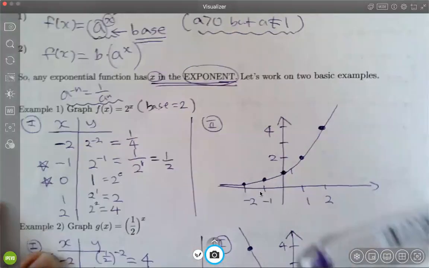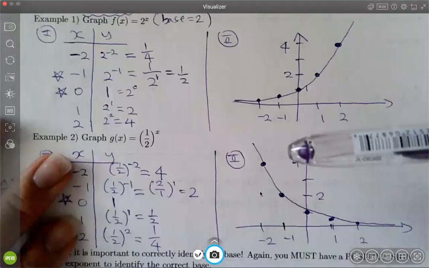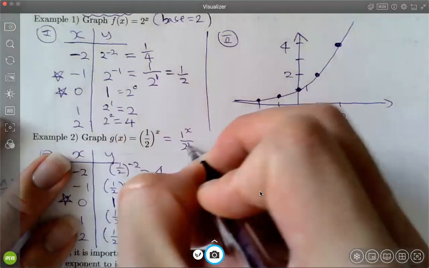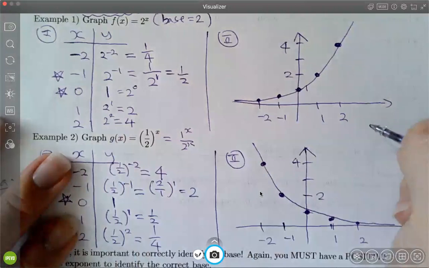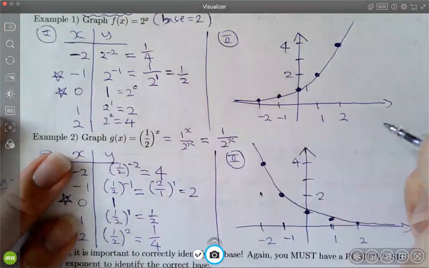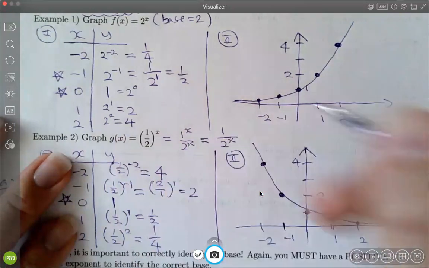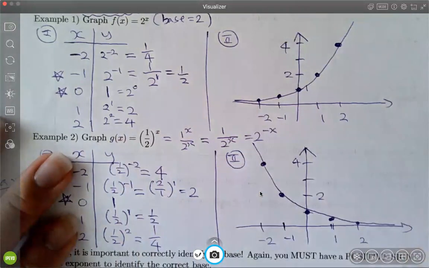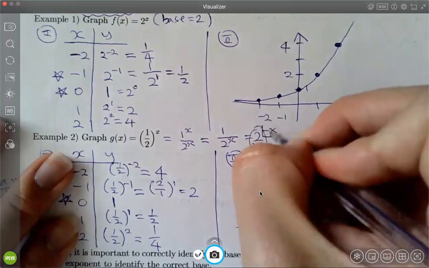Now for 1/2 to the power x, notice that we can rewrite this as 1 to the x over 2 to the x by distributing x, and 1 to any power is 1, so we have 1 over 2 to the power x, which can be rewritten as 2 to the power negative x. Now, does that mean 2 is the base? No, that is not the base. And what's the reason? That negative sign.